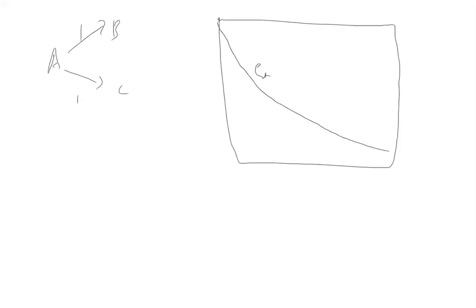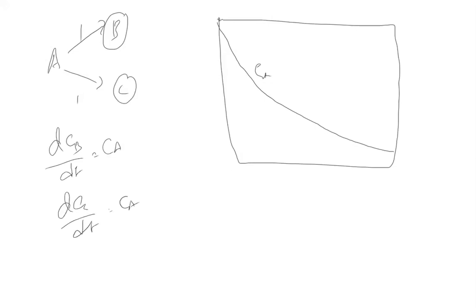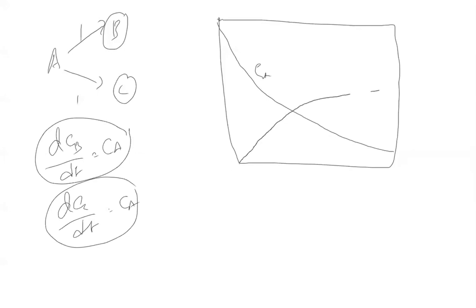So what is concentration of B? dCB by dt is equal to CA, and dCC by dt is also CA. So both the rates are the same. Then formation of B and C will be exactly the same. CB and CC are both the same. This is how the concentration profiles look. CA decreases, CB, CC.